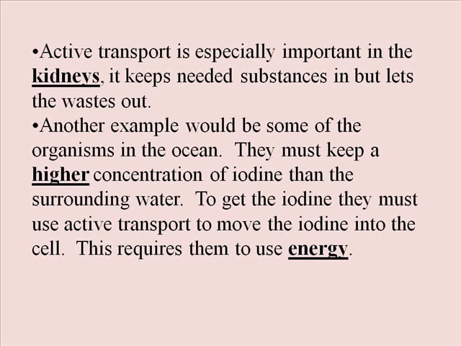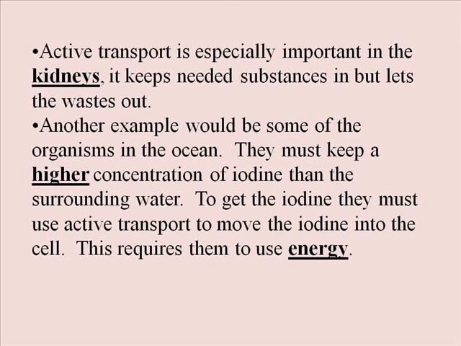The only problem is that our kidneys already have a lot of waste product in them waiting to be filtered out. So for the low concentration of waste products in our blood to go into the high concentration of waste products in our kidney, our bodies have to use active transport.